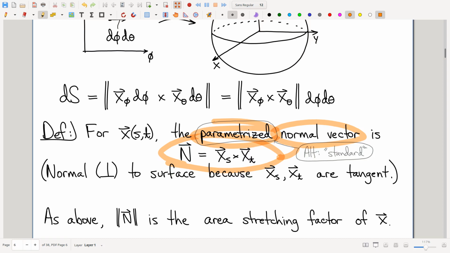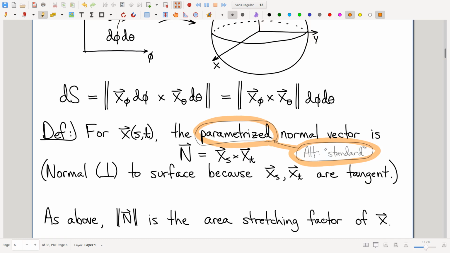Now, heads up, the book prefers instead of calling this the parametrized normal vector, the book calls it the standard normal vector. This is uncomfortable for me. Think about it. Standard kind of suggests something intrinsic to the surface, but this isn't. This depends on the parameterization. You can see it right here.